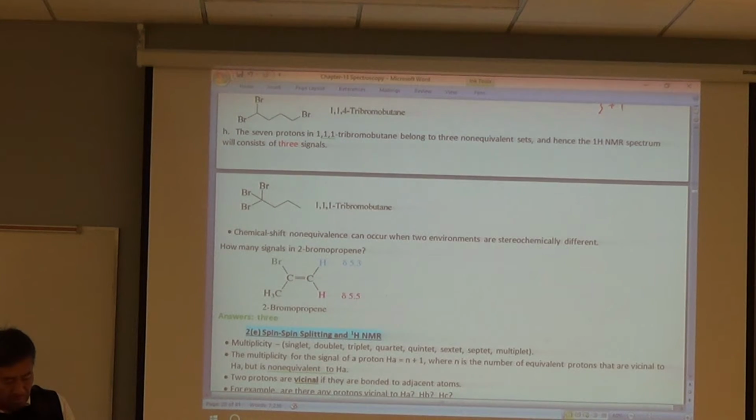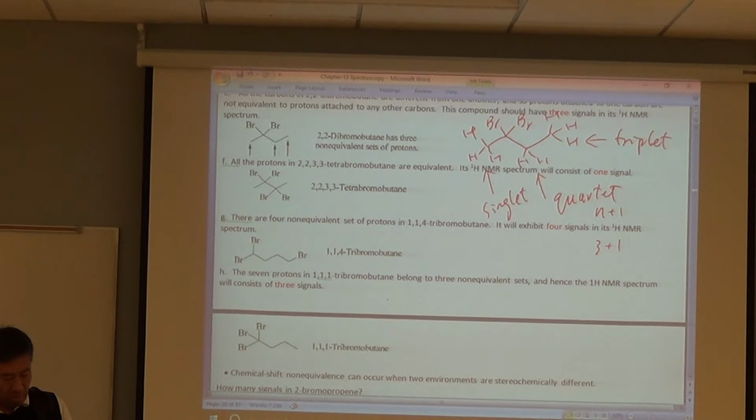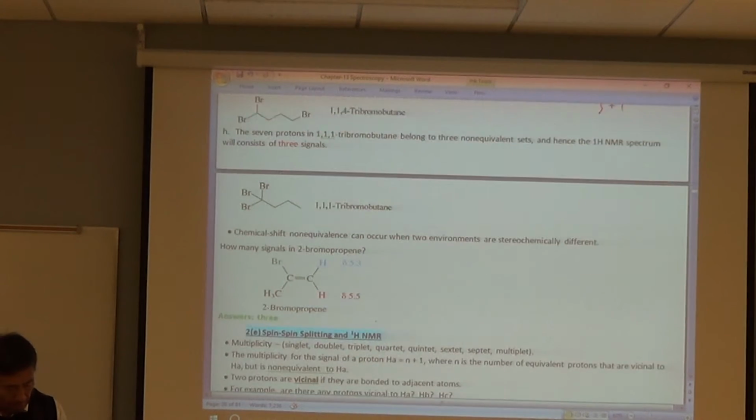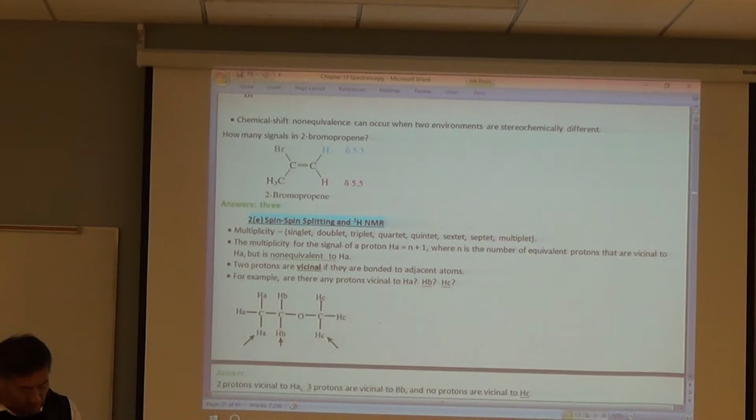Okay. Yeah, so this is what you talk about, the spin splitting in proton NMR.